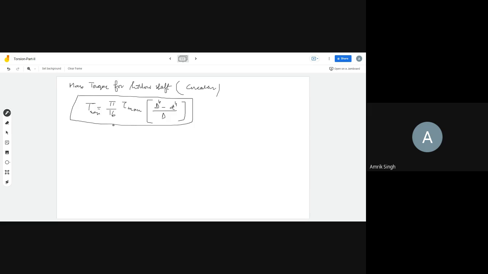So, the maximum torque in the case of a circular shaft which is hollow is given by this. Now, next is the power which is transmitted by the shaft.